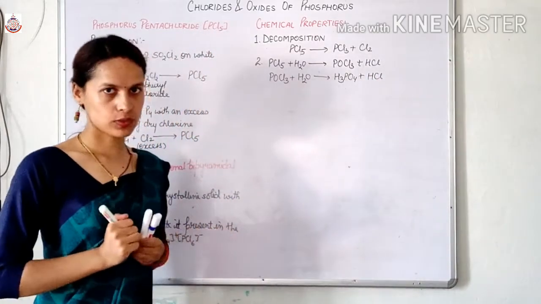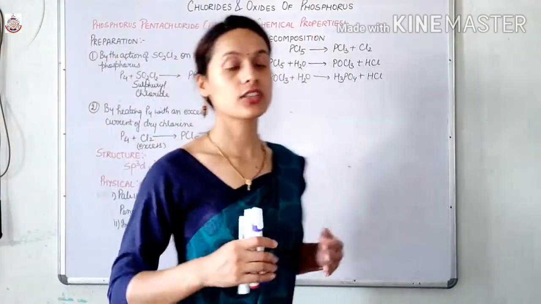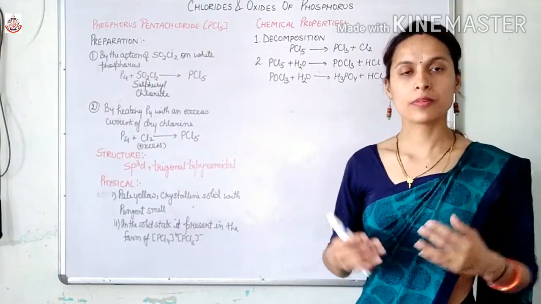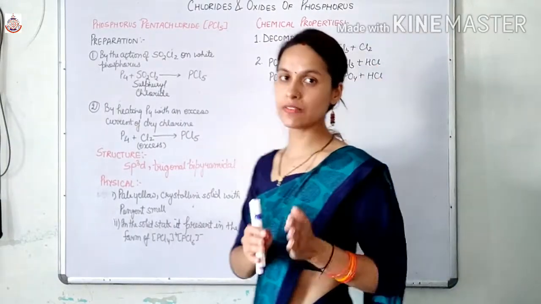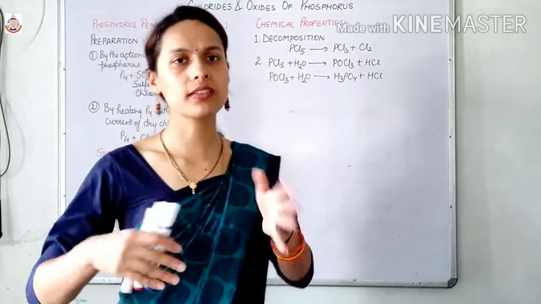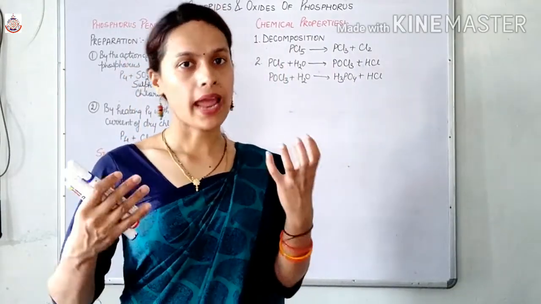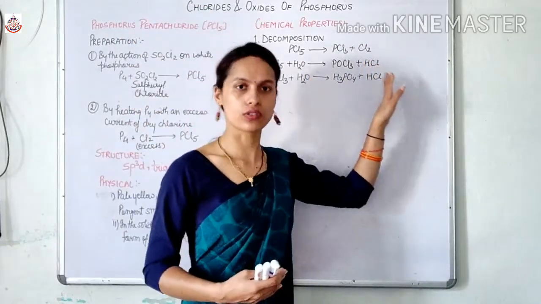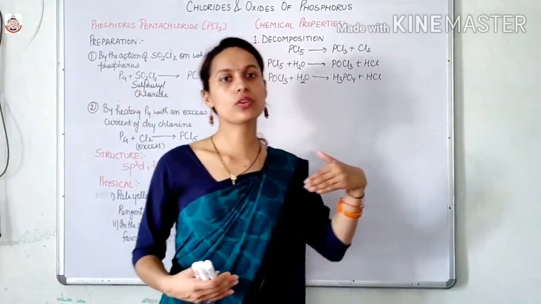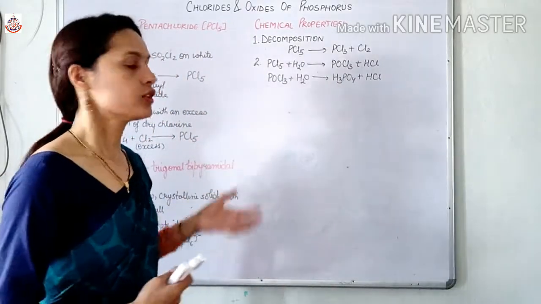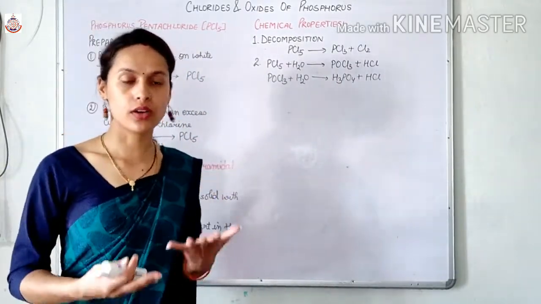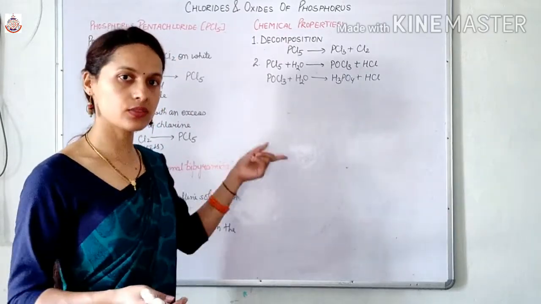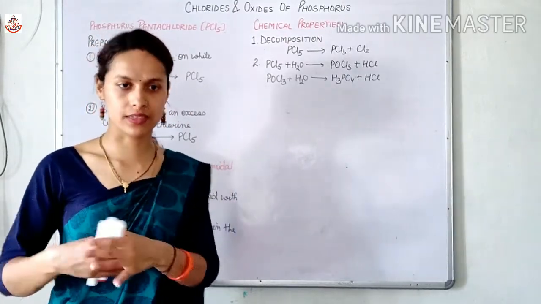So though it reacts with water, the reaction is not as fast as PCl3. PCl3 reacts violently with water, but PCl5 doesn't react that fast. First, it reacts with water to form phosphorus oxychloride, and then phosphorus oxychloride reacts with water to form phosphoric acid. In that we get phosphorus acid, in this we get phosphoric acid.